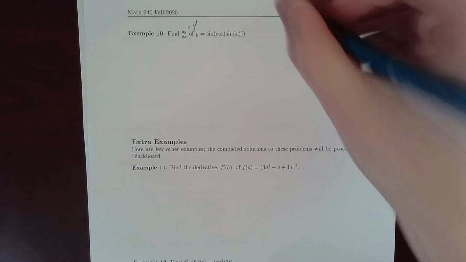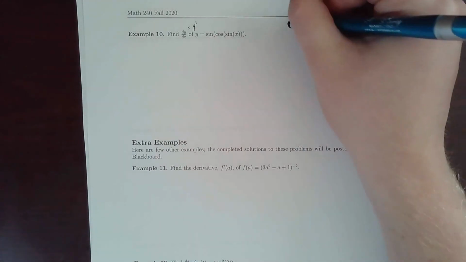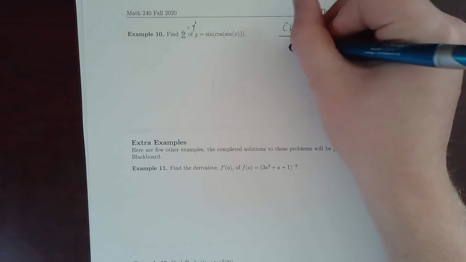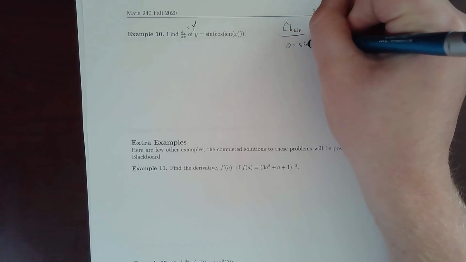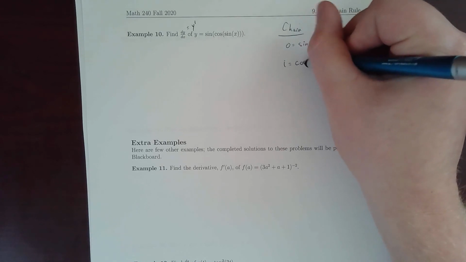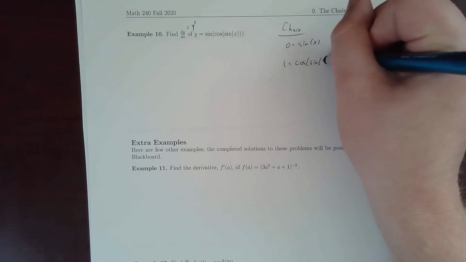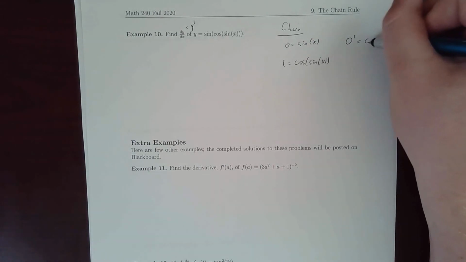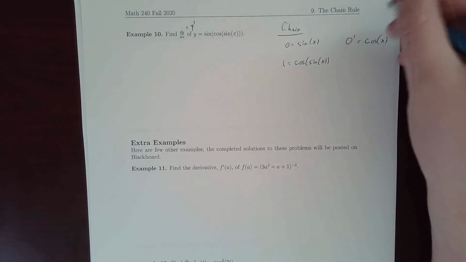So this is going to be a chain rule, and so we'll have our outside function be sine of x, and the inside function is the cosine of the sine of x. So the derivative of the outside will just be the cosine of x.